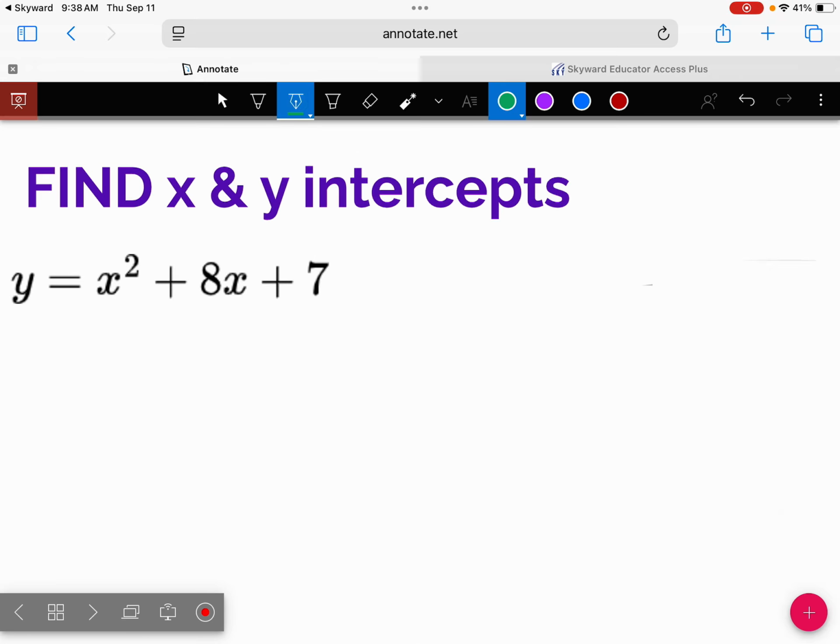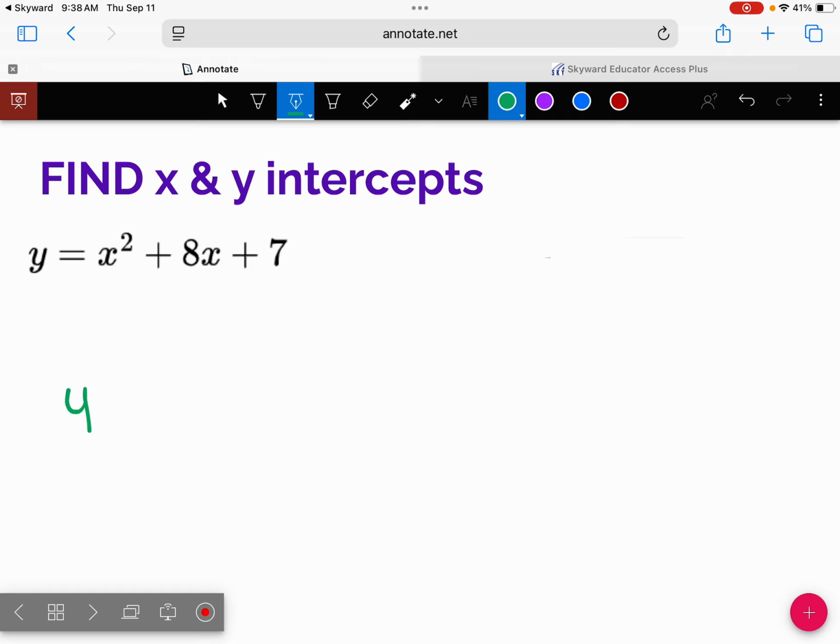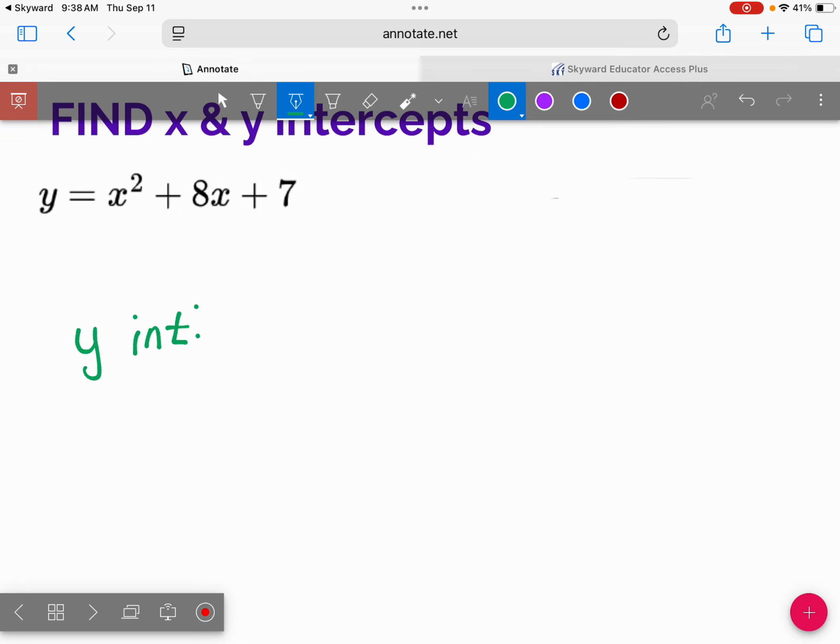So if I want to find my y-intercept, what do we know about our y-intercept? X equals 0. So we would substitute in 0. So this would be 0 squared plus 8 times 0 plus 7.